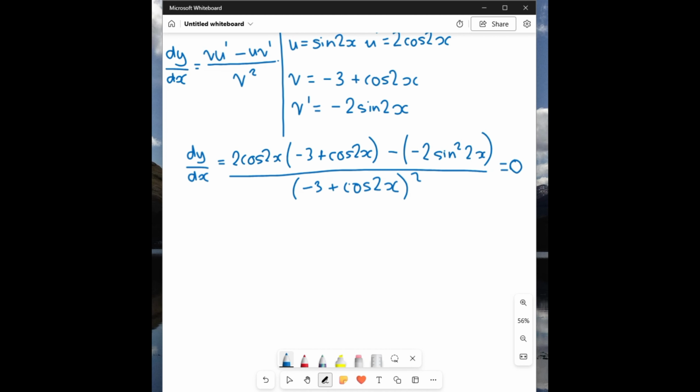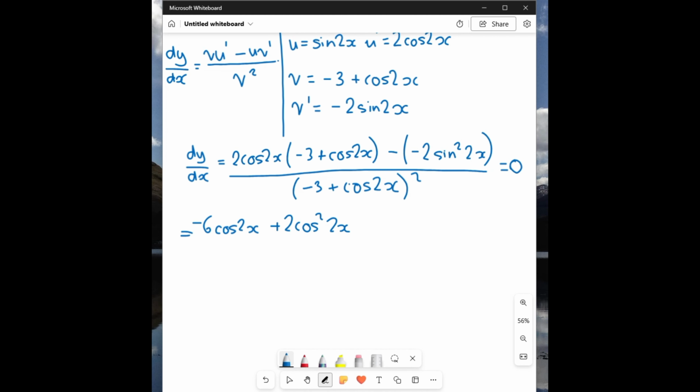So then I'm going to tidy up the numerator, and then see what I get. So we'd end up with minus 6 cos 2x there. And then that'll be plus 2 cos squared 2x, because it's cos 2x.